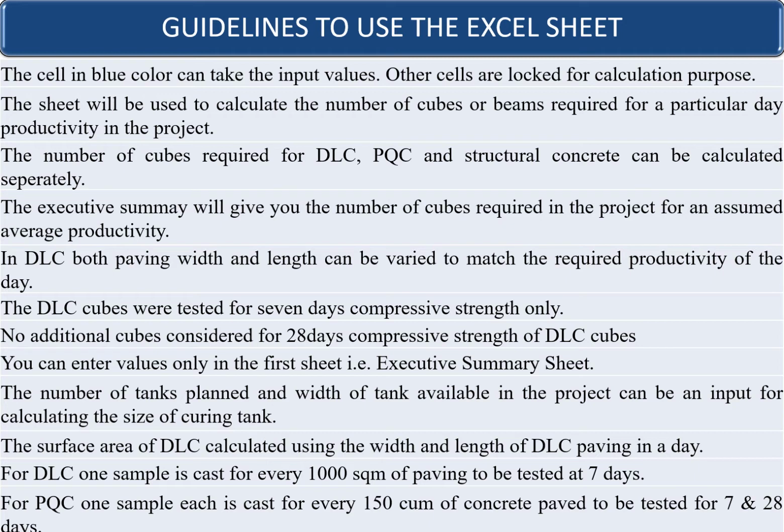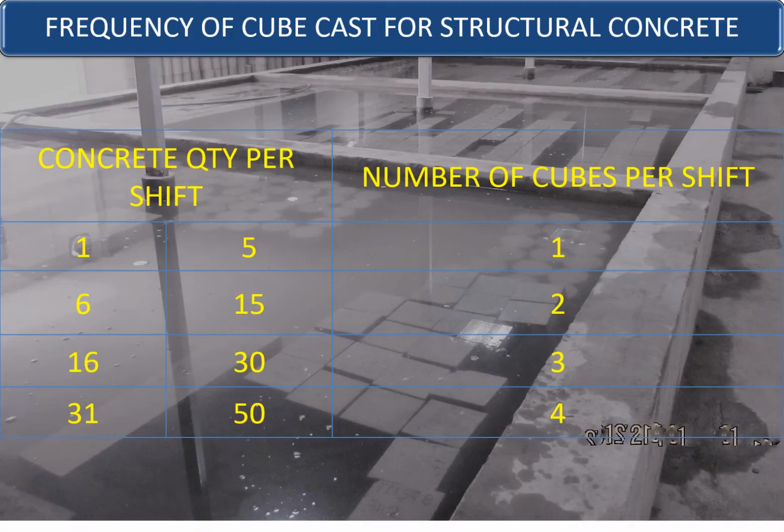For DLC, one sample is cast for every 1000 square meters of paving to be tested at 7 days. For PQC, one sample each is cast for every 150 cubic meters of concrete paved to be tested for 7 days and 28 days.